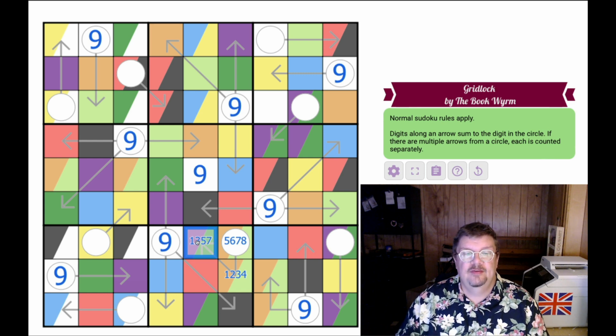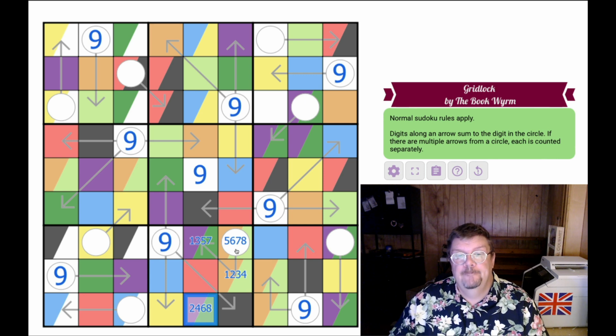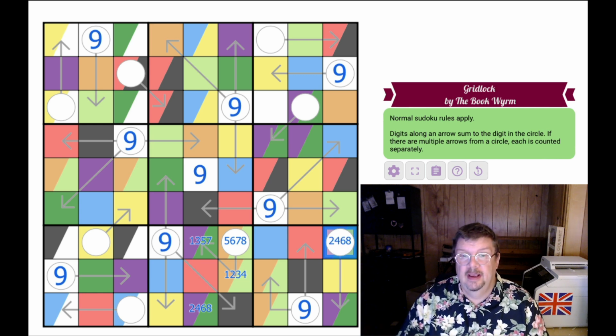Okay, this digit is odd. This is its counterpart, so must be even and must be the other part of the 9 sums. That's 2, 4, 6, or 8. This digit is the same as this digit. So this must be 2, 4, 6, or 8. And then this is its 9 counterpart to make the 9 sums. So that's 1, 3, 5, or 7.